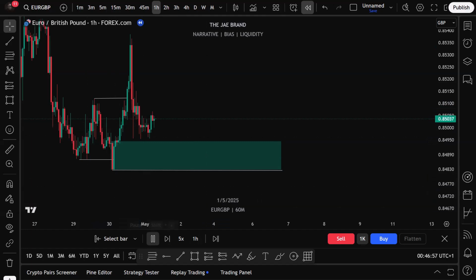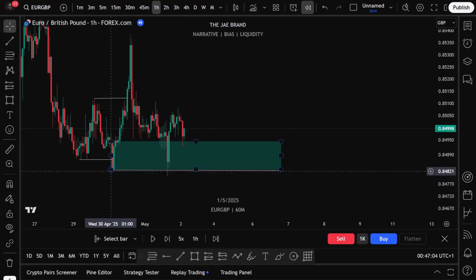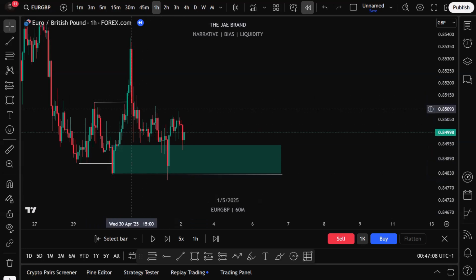Let's see how price plays out. Some people might actually be happy that they are already in this trade, and just look at that. This low is supposed to be protected, but because of the absence of structural liquidity, price just whisked out these buyers who bought around this zone.